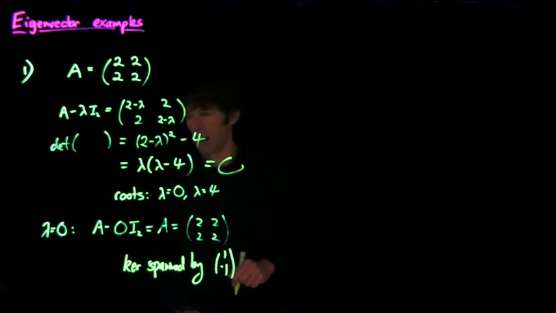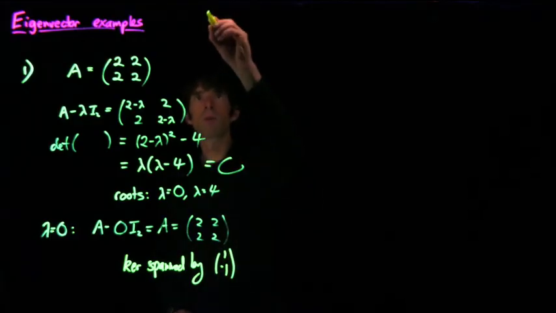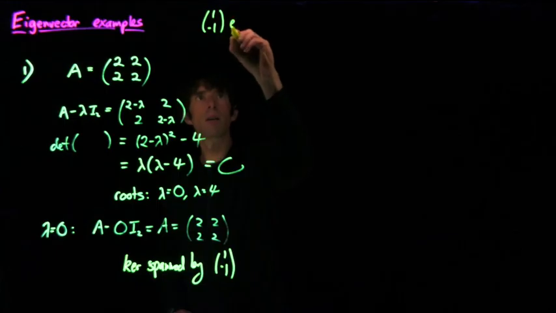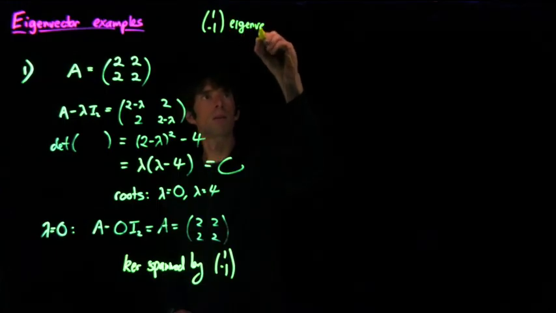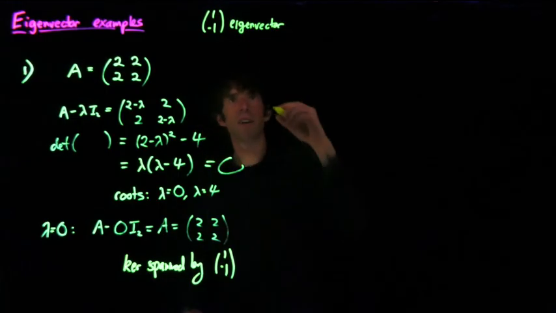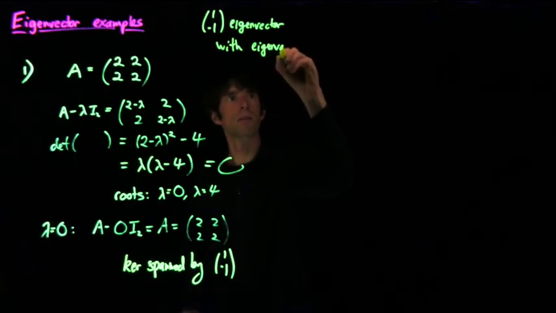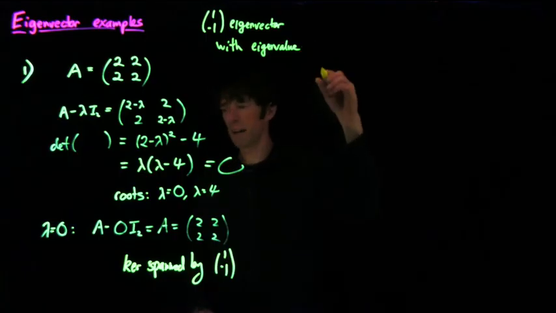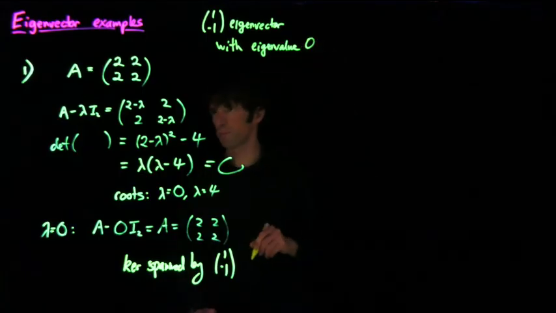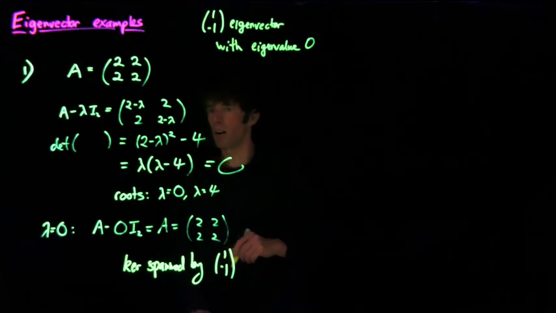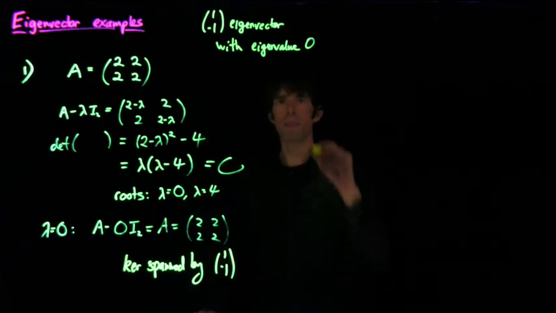So we have 1, minus 1 is the eigenvector with eigenvalue 0.